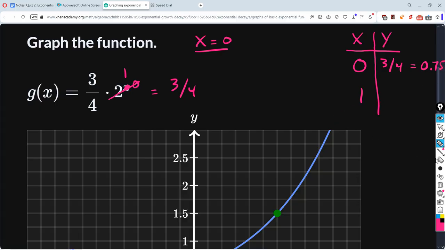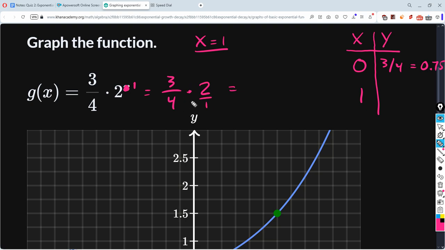Okay, and now we'll do x equals 1. So in place of x, we're going to sub in a 1. All right, and that's going to be 3/4 times 2 to the first power. 2 to the first power is just 2. Okay, 3/4 times 2, you can make it 2 over 1 if you like, but you don't have to.